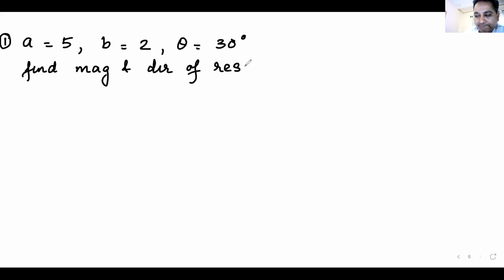Can you do this? We have one vector whose magnitude is 5. We have another vector whose magnitude is 2. The angle between them is 30 degrees. Can you get me the value of the resultant of the two vectors and the direction?